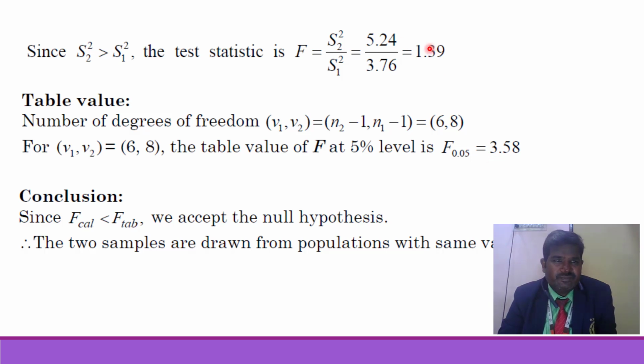So now we see the calculated value is 1.39 and the table value is 3.58. Our calculated value is less than the table value. Therefore, we accept the null hypothesis. That is, the two samples are drawn from populations with the same variance.